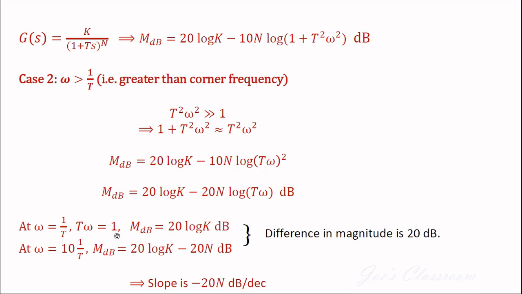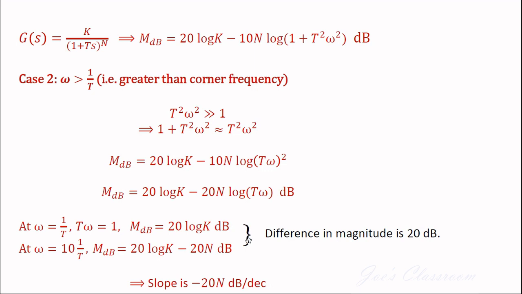At this frequency, obviously T omega is equal to 1, and if I substitute this, this term will vanish and the term will reduce to 20 log k. Okay, and at 10 times 1 by T, that is at frequency 1 decade apart from omega is equal to 1 by T, if I substitute, this is what I will get. You can try doing the substitution.